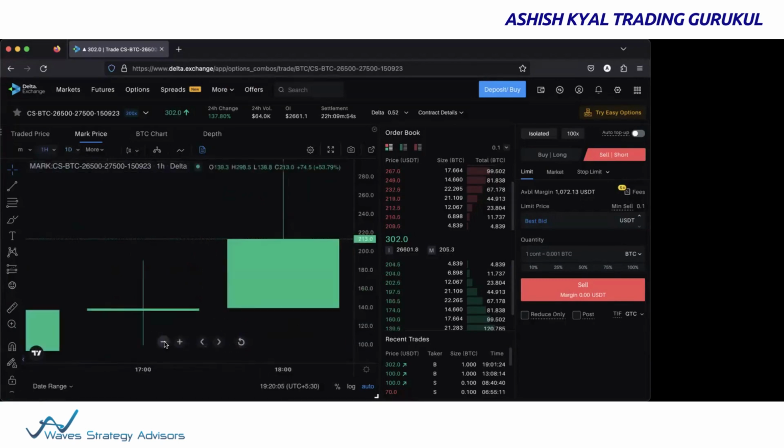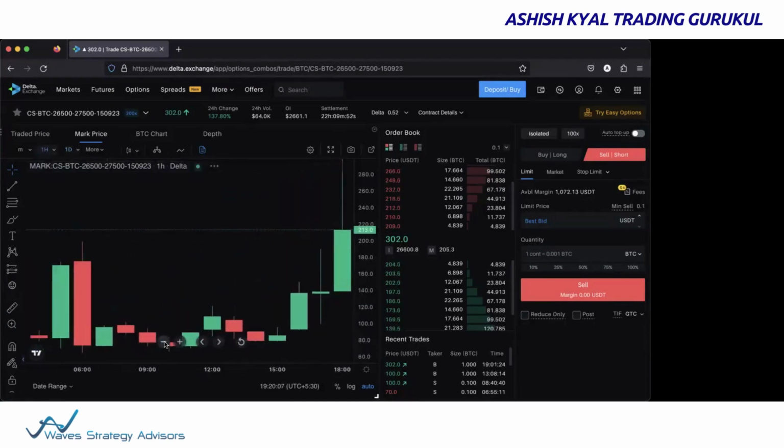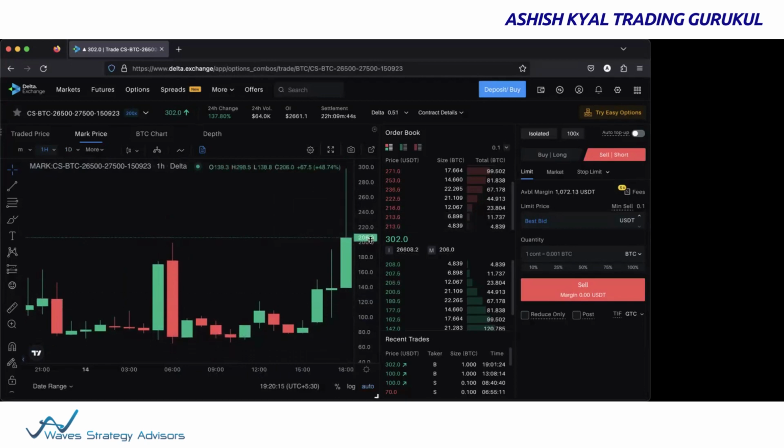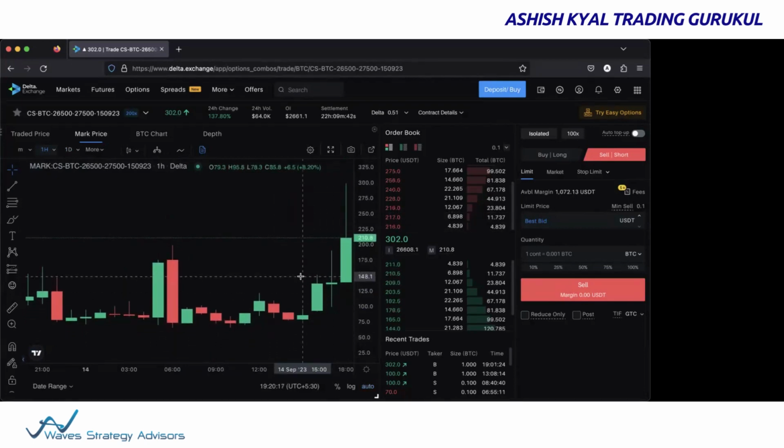On the 1 hour time frame, my entry level on the spread was around this area, 122, 123. This is where I entered on the spread, and it's still ongoing as of now. This is the entry area, above the 123 level, and this is still running.